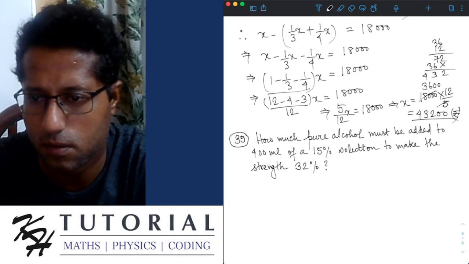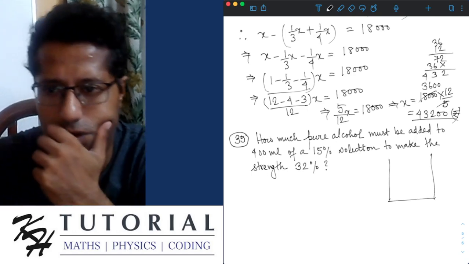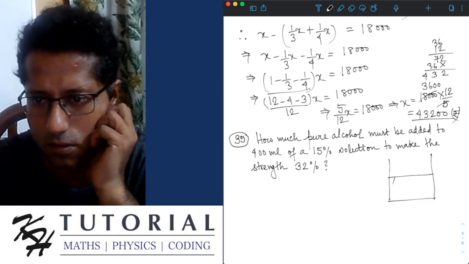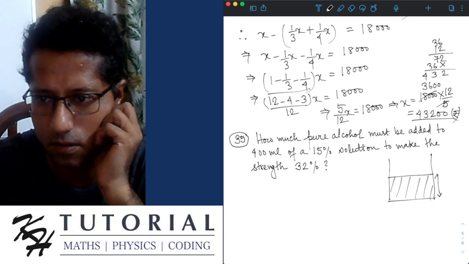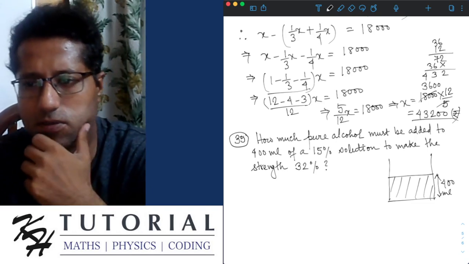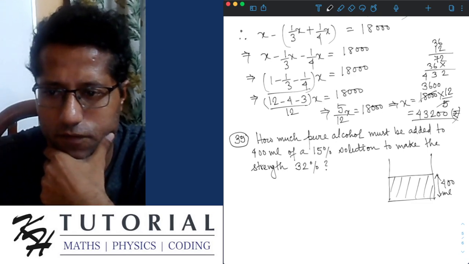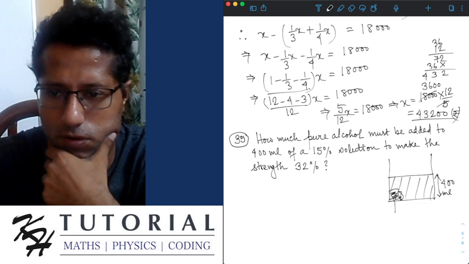Sometimes it's easy to draw a diagram and visualize the problem statement. Let's say this is 400 ml of the 15% solution. In this 400 ml of solution, 15% is pure alcohol.